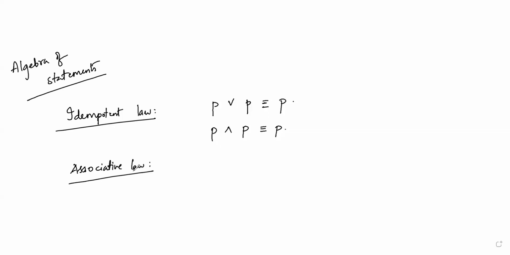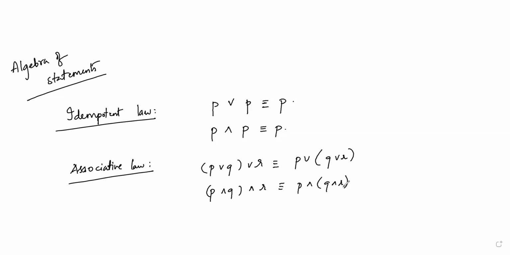In the associative law, P or (Q or R) is equivalent to (P or Q) or R. P and (Q and R) is equivalent to (P and Q) and R. And we also have the commutative law.